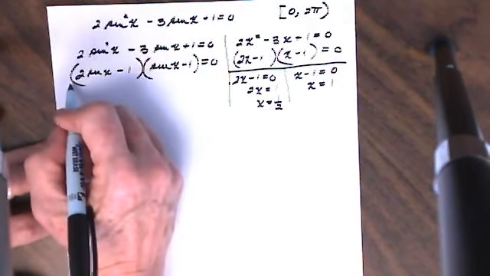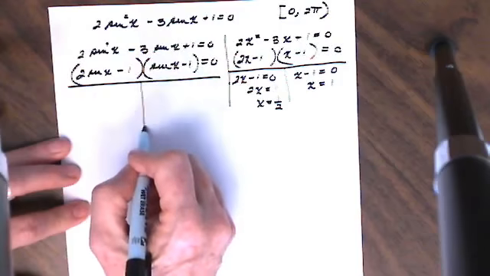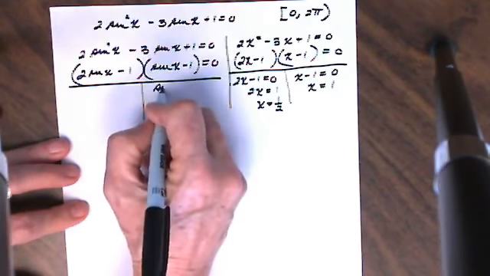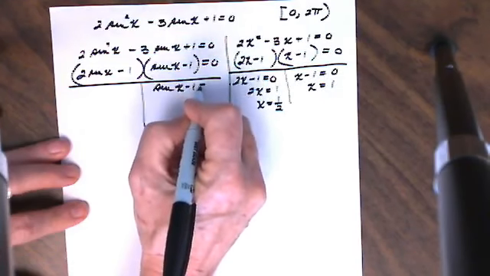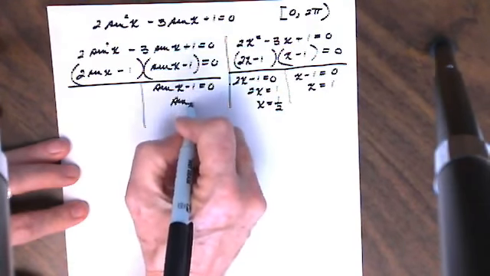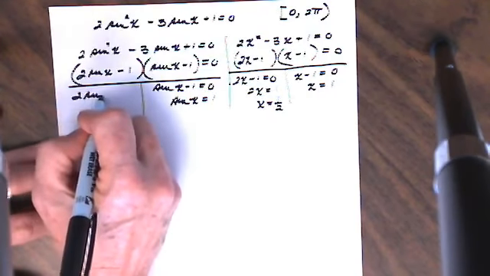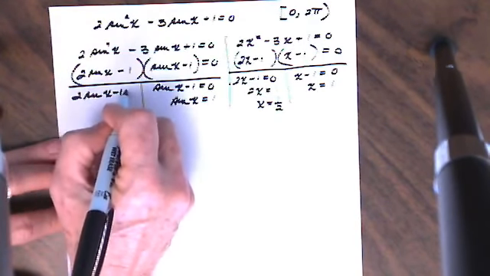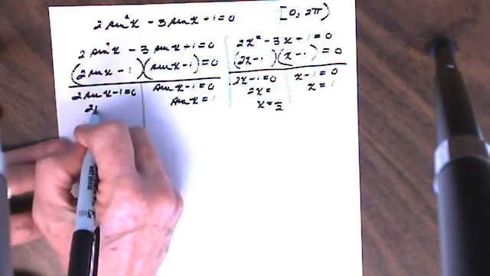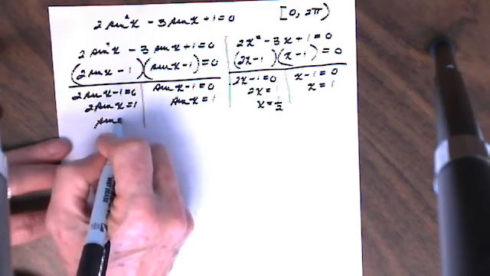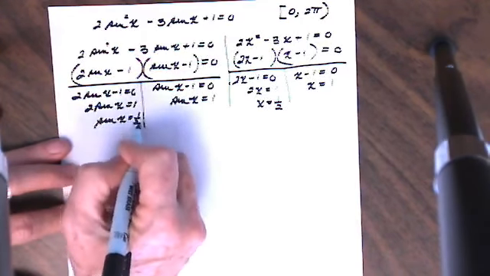Similar to how I solved this back in intermediate algebra, I take each factor, set it equal to 0, and solve for the sine of x. 2 sine x minus 1 equals 0, so 2 times the sine of x is equal to 1, and the sine of x is equal to 1/2.